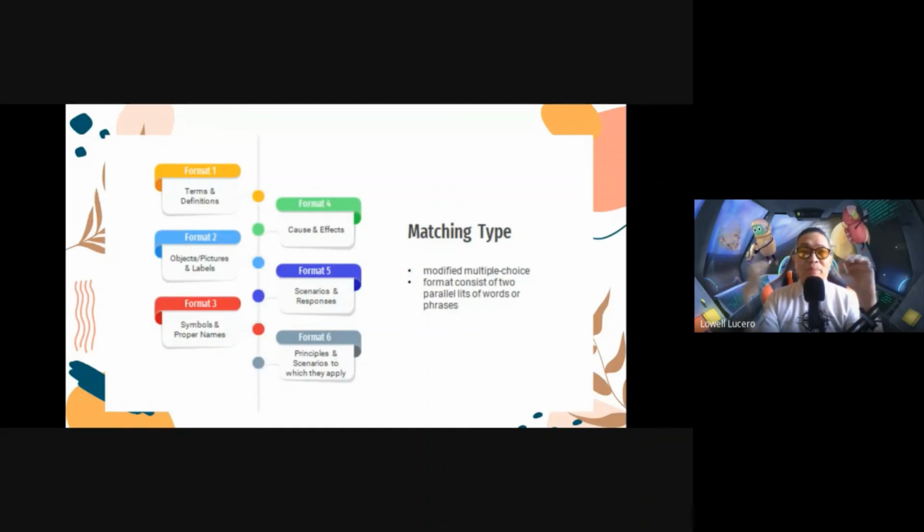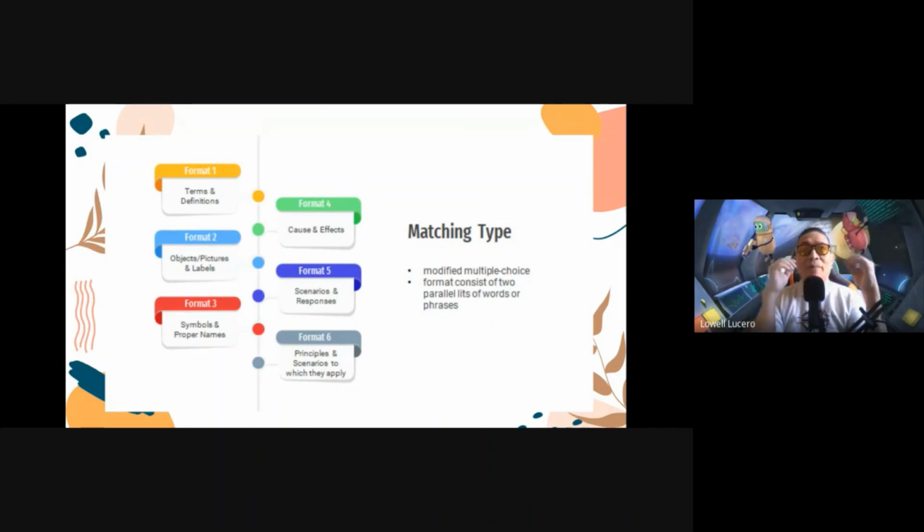Usually there are more choices in the response column than in column A, to avoid guessing. In a perfect match type, by the fifth item you already know the answer, and the last two items can be guessed. If you have more options in the response column, that lessens guessing.